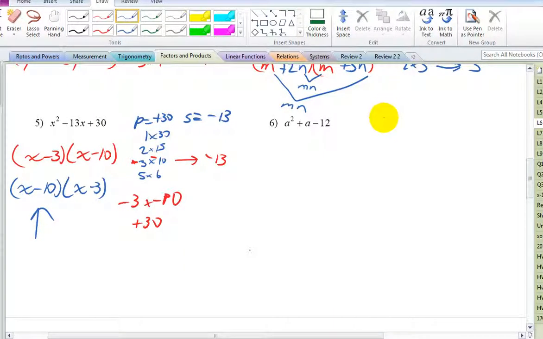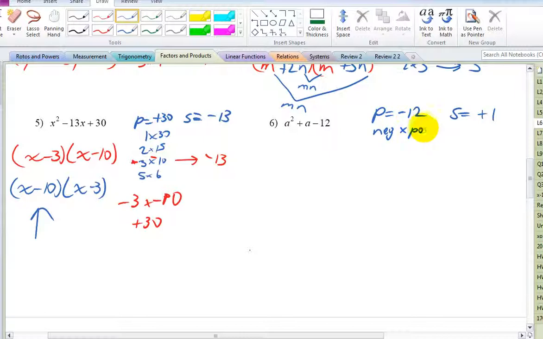Any ideas why it's going to get harder? Well, there's a sum there. Plus 1. But what about the product? It's a 12 and it's negative. We haven't seen that yet. So for negative, what's the only way to multiply to a negative?